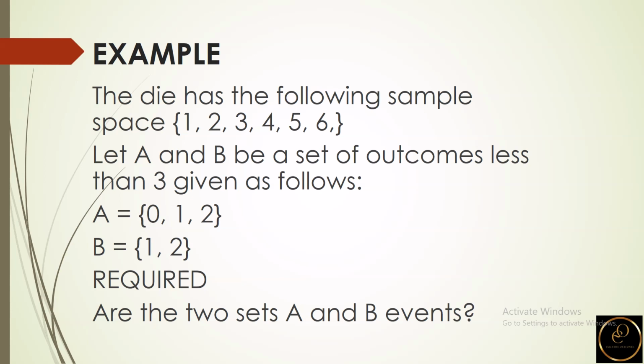So it's not possible to have a set of that nature, meaning that set A is not an event. But when you look at B, there is 1 identifiable in the sample space, also 2 identifiable in the sample space. So there is a possibility of having that in this part. So we can say that B is an event whilst A is not an event.